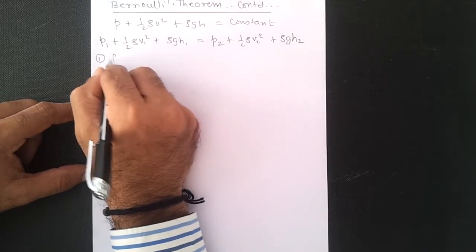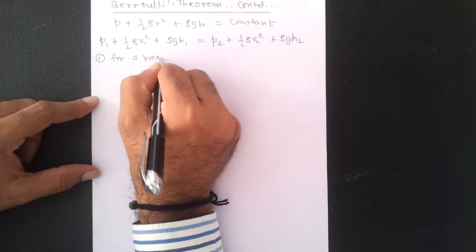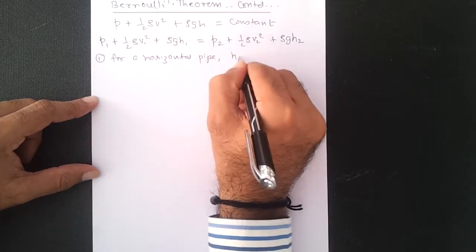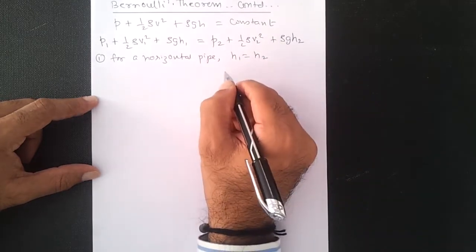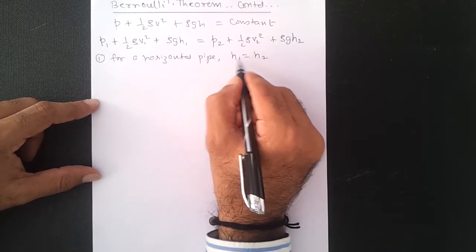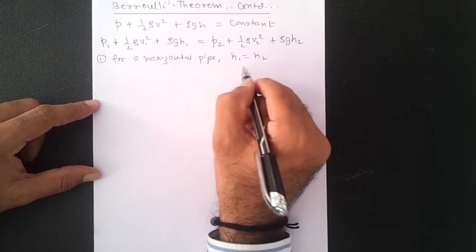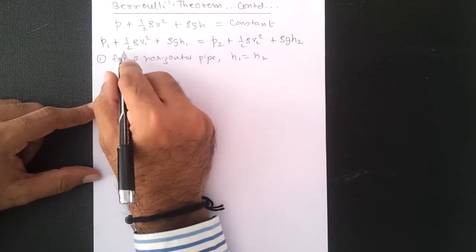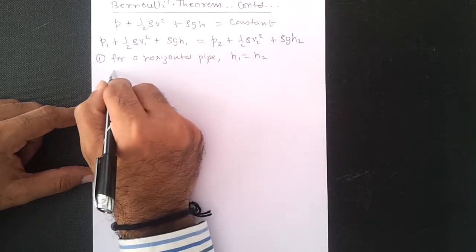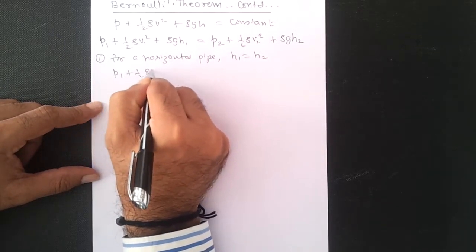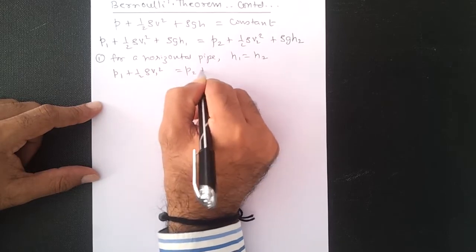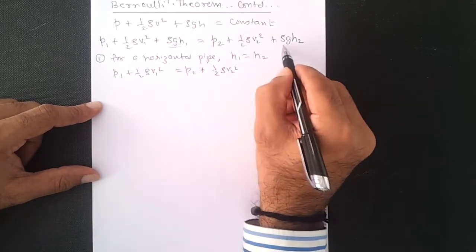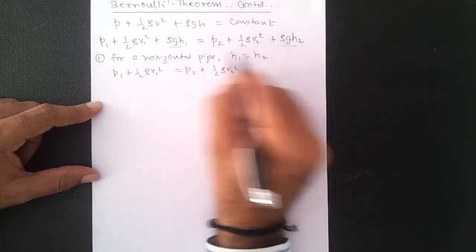For a horizontal pipe, h1 will be equal to h2, because both cross sections will be at the same height from the reference point. Therefore Bernoulli's equation will take the form P1 plus half rho V1 square is equal to P2 plus half rho V2 square, because rho gh1 and rho gh2 are equal and get cancelled out.